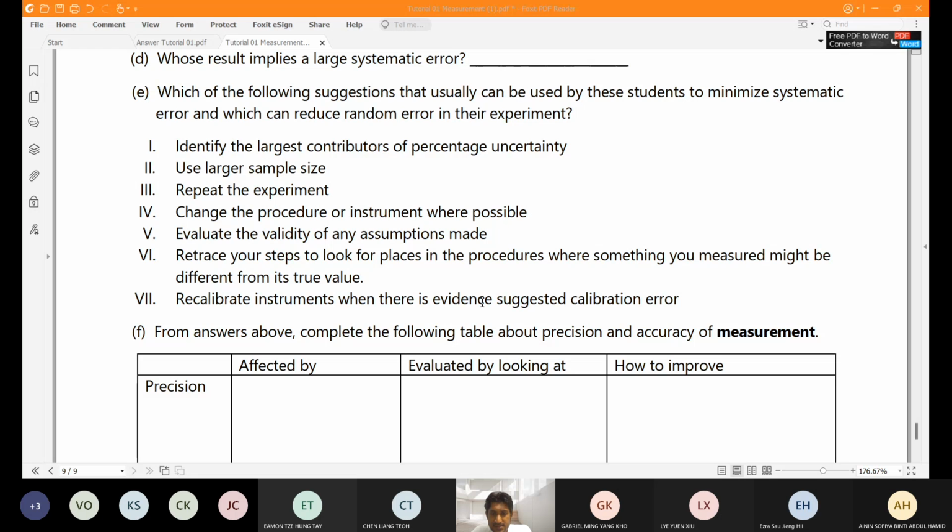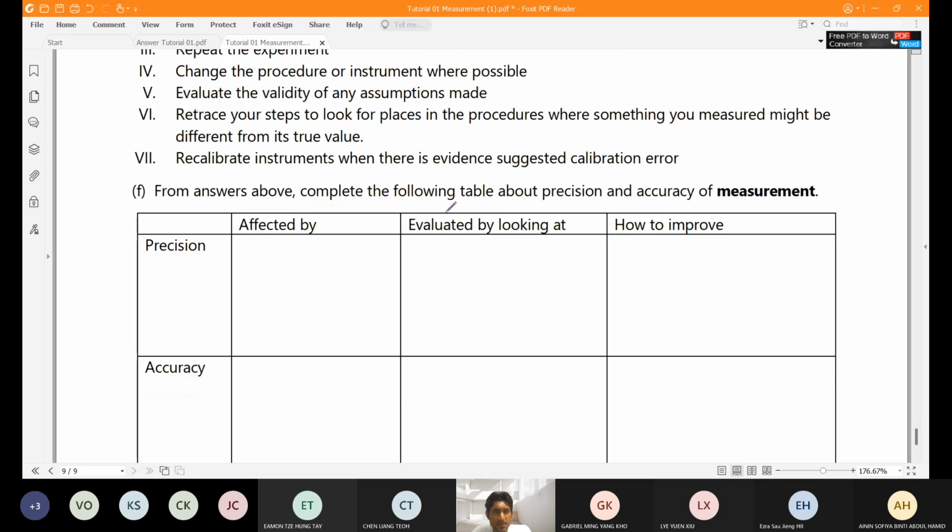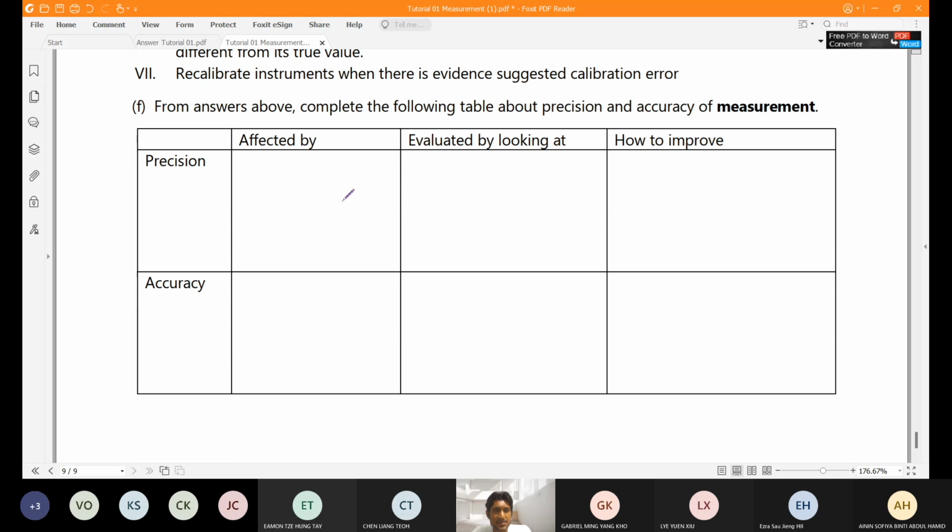From the answers above, complete the following table about precision and accuracy. Precision is affected by the random error, and it is evaluated by looking at the percentage of uncertainty. If the percentage of uncertainty is low, the precision is high.